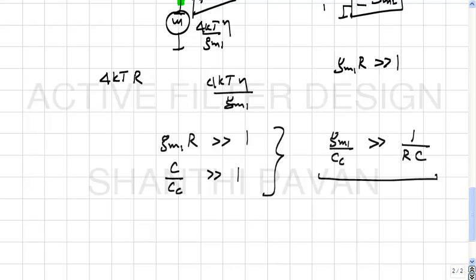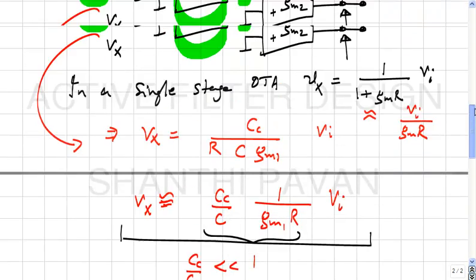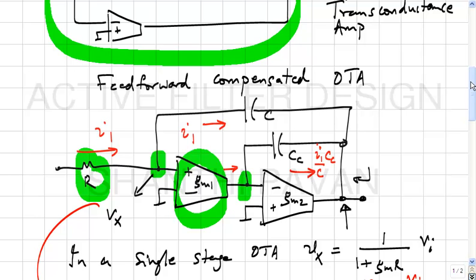What is the meaning of unity gain bandwidth of an op-amp? It is some index of how fast the op-amp can respond, right? And how is this negative feedback loop working? It is monitoring the voltage at the virtual ground, comparing it to 0 and then whacking the output node in the right direction.